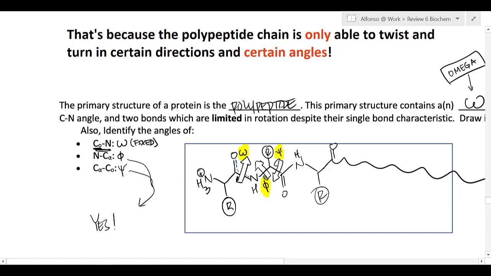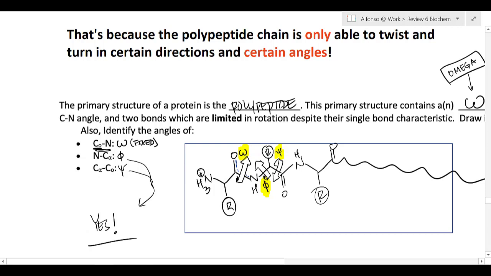Yes, big time. They can rotate, but they can't rotate fully. So you can't rotate them any way that you want. Because look, if you were to rotate this angle right here, I need you to pay special attention to this angle.